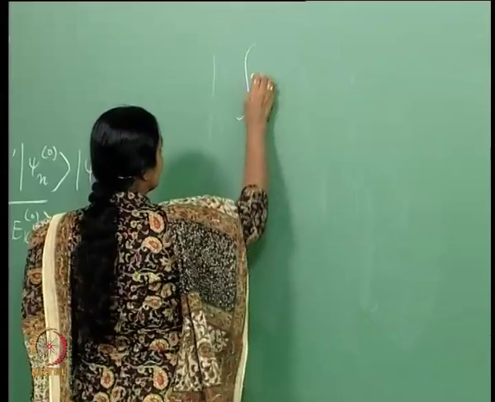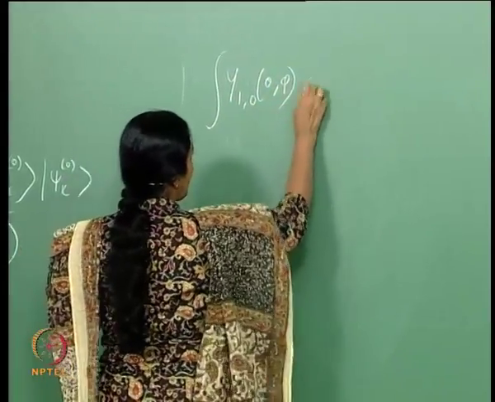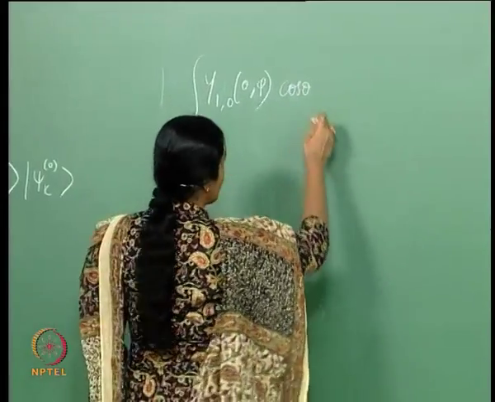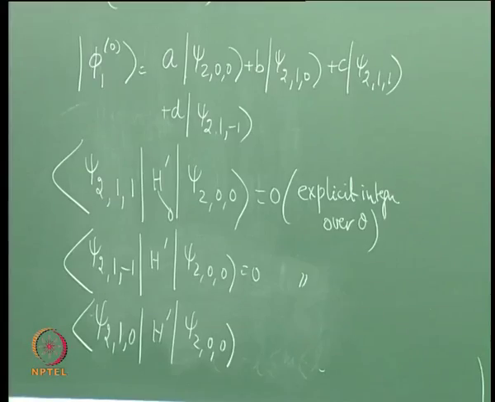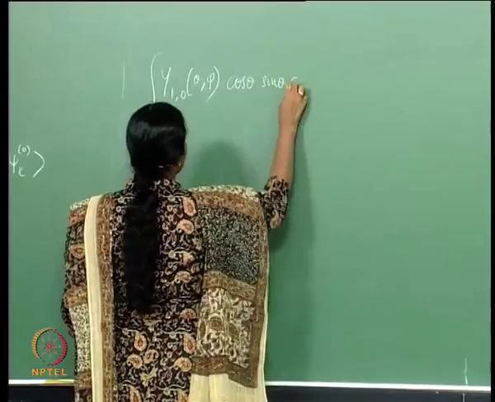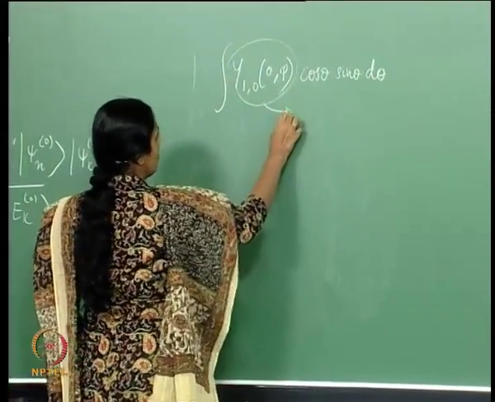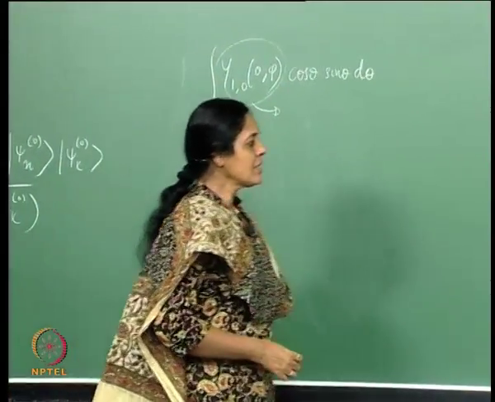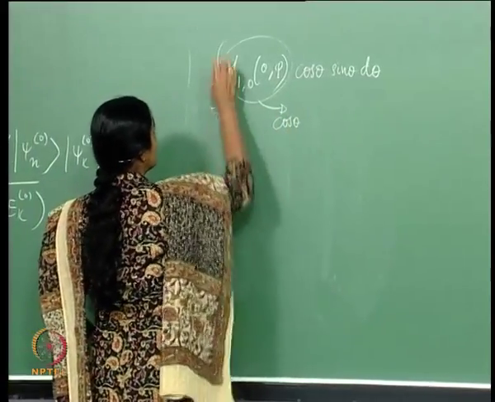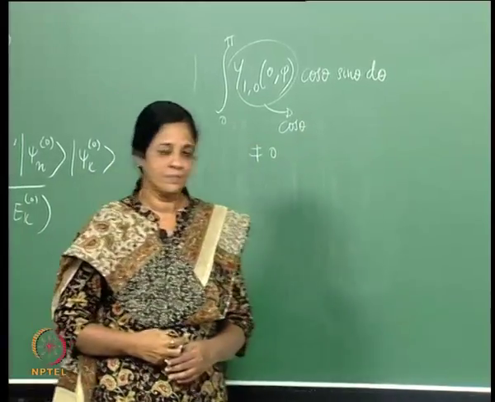You would have the integral of Y10(θ,φ), cos θ from H', because there was a z which was r cos θ, Y00, which is a constant, sin θ dθ, and this Y10(θ,φ) is actually proportional to cos θ, and therefore this integration from 0 to π is not equal to 0.